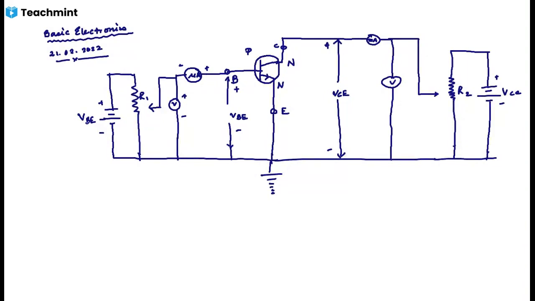In the figure, the typical input characteristics curves relate IB and VBE for various values of VCE. With the input characteristics, we can find the dynamic input resistance at a given point. It is given as the ratio of a small change in VBE to the resulting small change in IB, keeping VCE constant. That is, Ri equals delta VBE by delta IB at VCE constant.